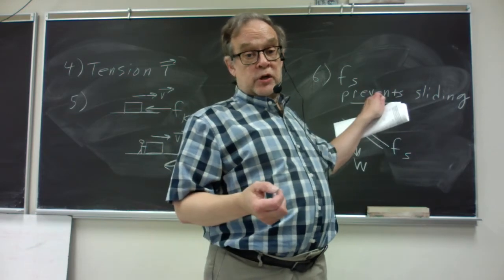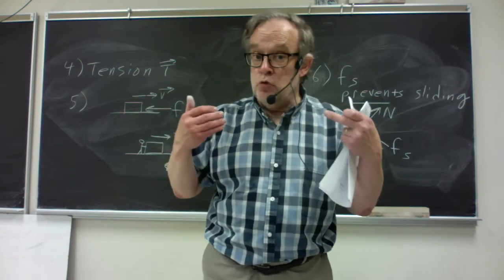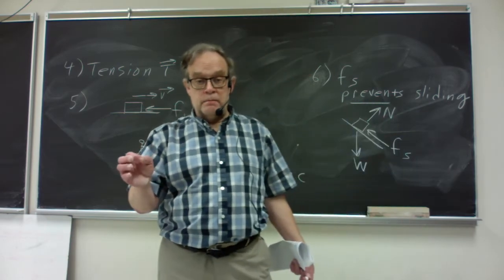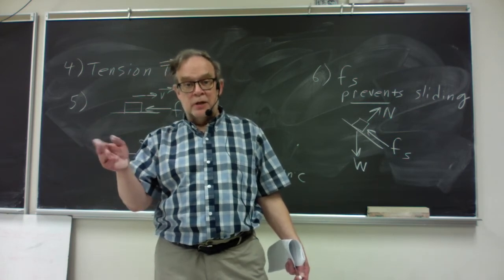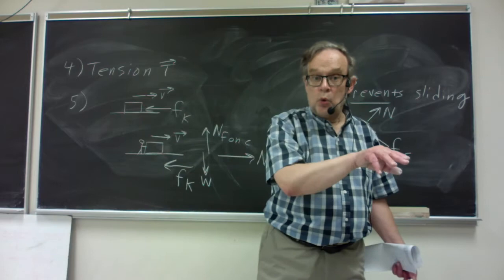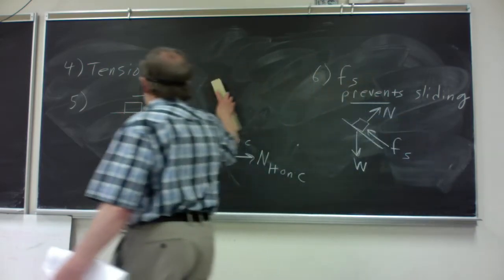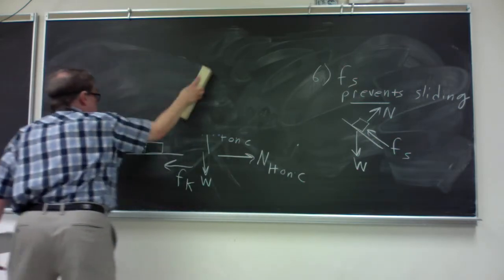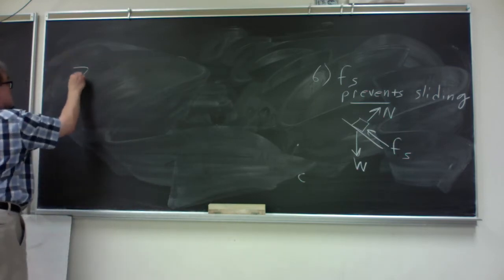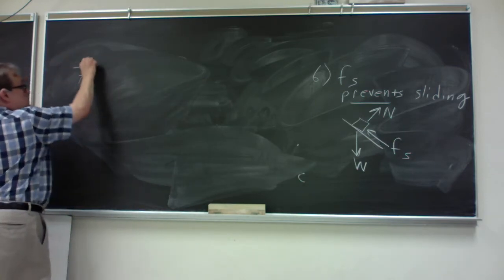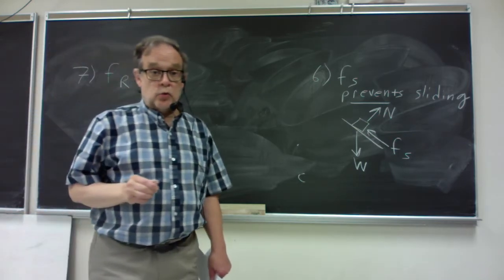But whereas static friction prevents sliding and keeps the thing from moving at all, rolling friction prevents a round thing from sliding, but allows the round thing to roll instead of slide. Lowercase f and subscript r for rolling friction.